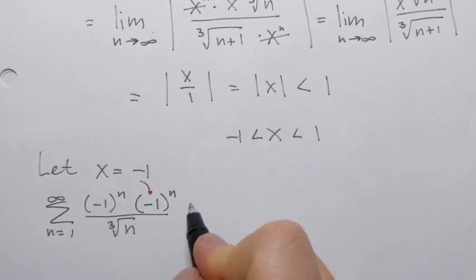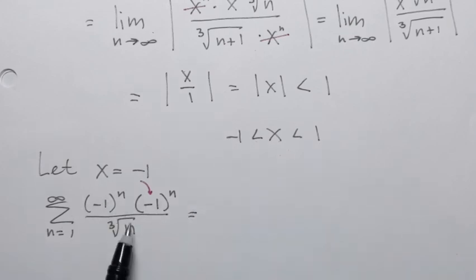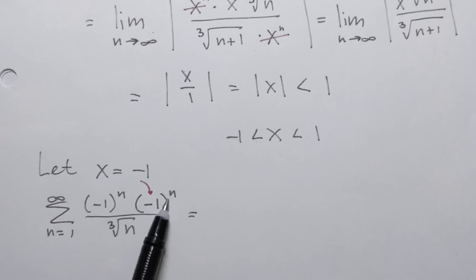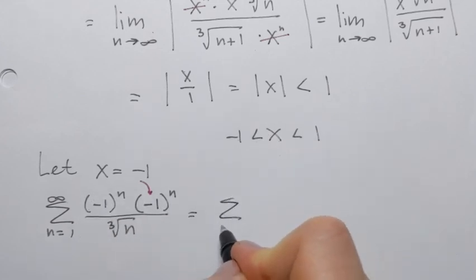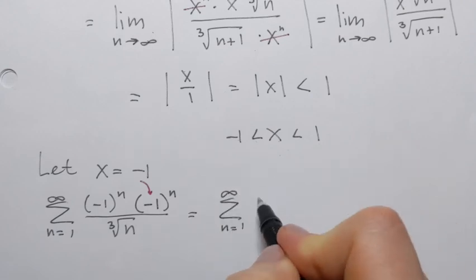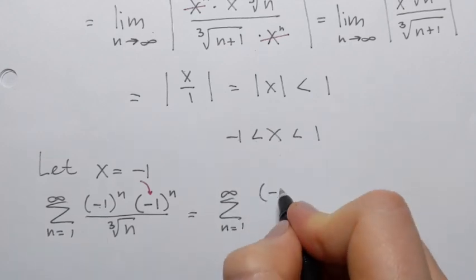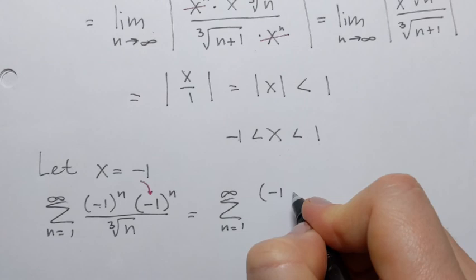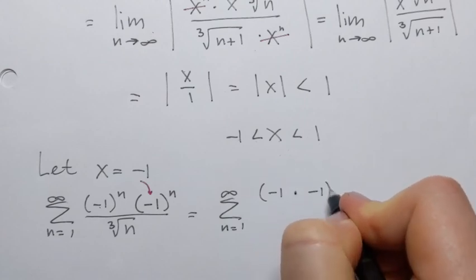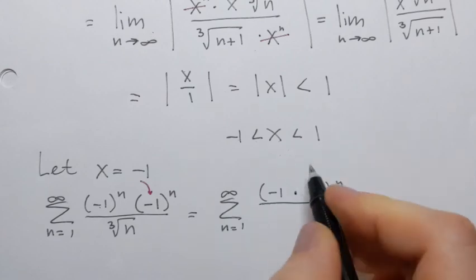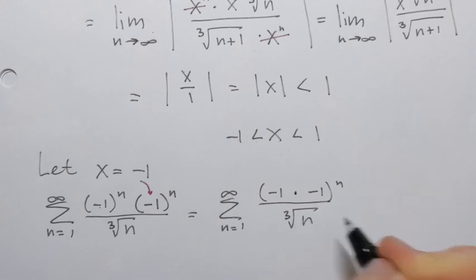Well, that expression I should be able to simplify, right? How do I simplify it? Well, if I have two bases with the same power, I can combine them together under one power. So in other words, I can combine this base, -1, and the other one, which is also -1, under the same power.